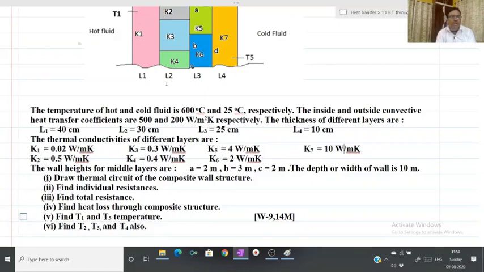The wall heights for middle layers are A equal to 2 meter, B equal to 3 meter, C equal to 2 meter. The depth or width of the wall is 10 meter.